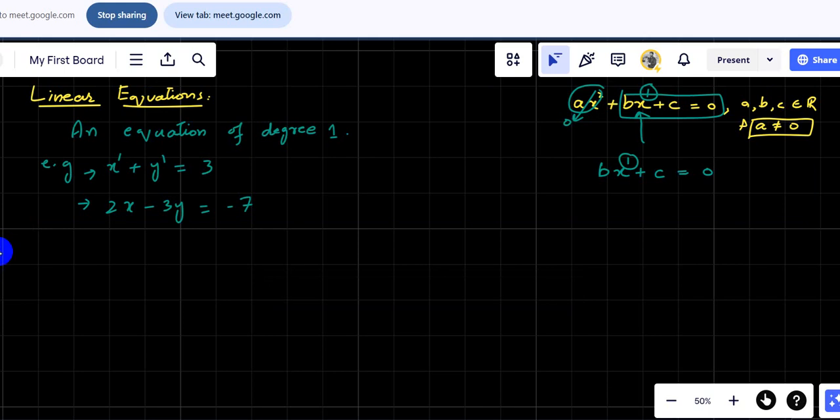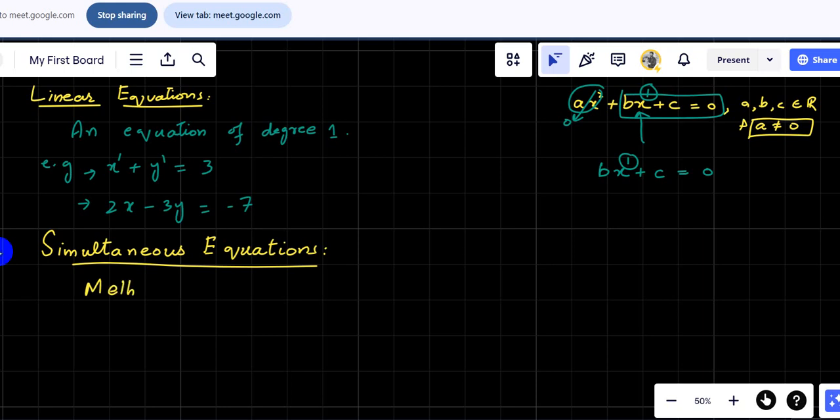Okay, so simultaneous equations. In this topic, we will be given two linear equations and then we need to solve. Methods to solve simultaneous linear equations.